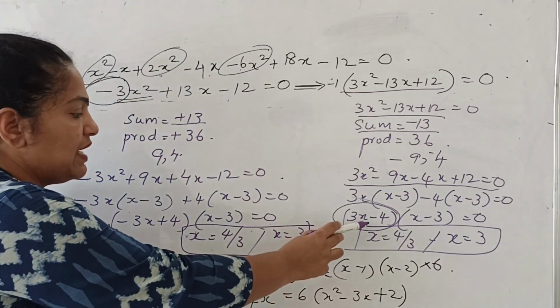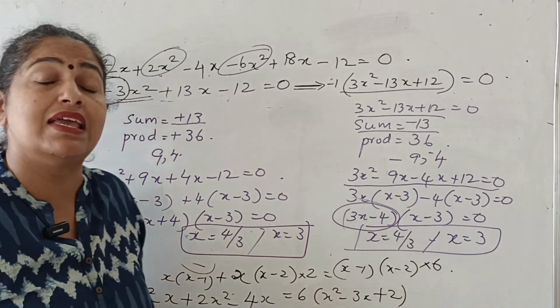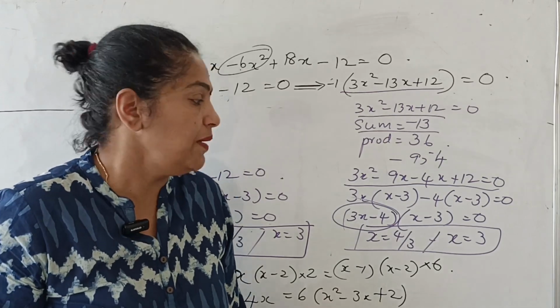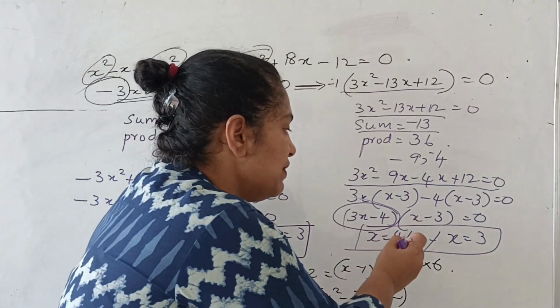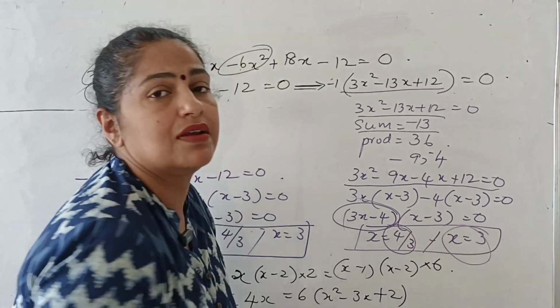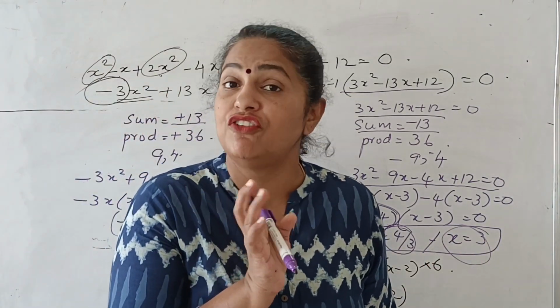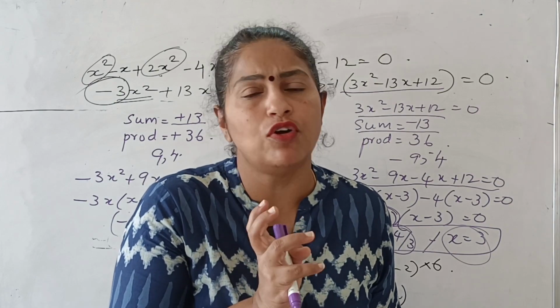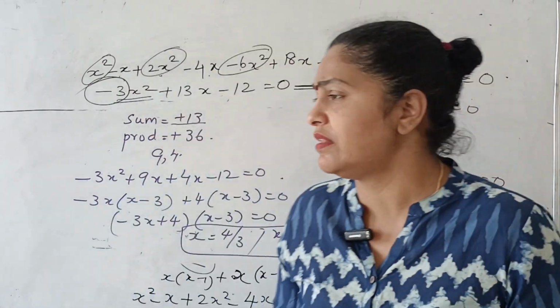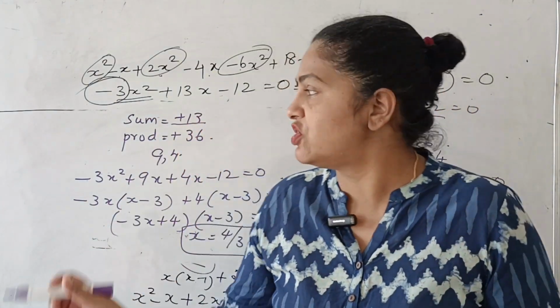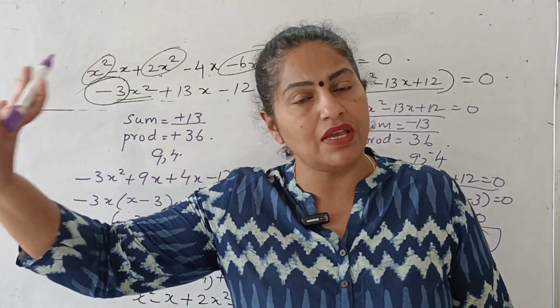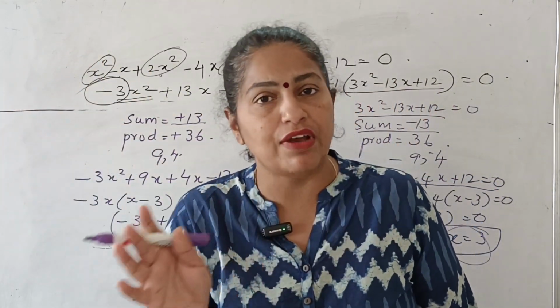Here it is 3x minus 4, here it is minus 3x plus 4. No problem. When you equate, you will finally get the same answer. The solution will not change, but there might be a slight change in the factors. So you can follow whichever method you are comfortable with. Don't change the equation, stick to whatever you are getting as the original one and find the solution.